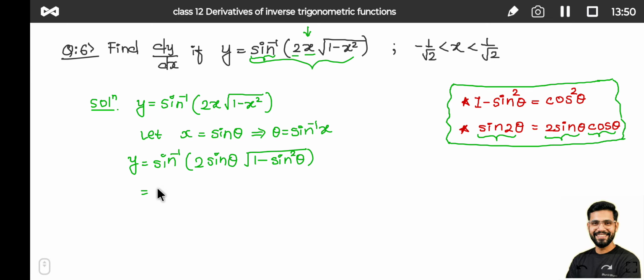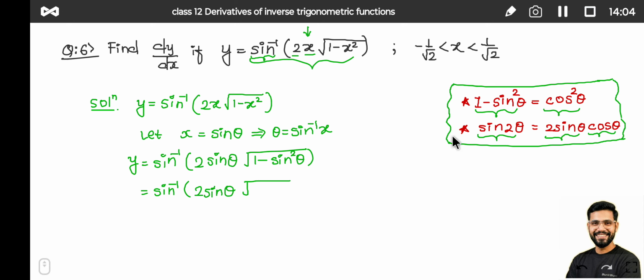So sin inverse as it is, inside the bracket 2 sin theta as it is, then square root of 1 minus sin square theta. If we apply the identity, 1 minus sin square theta can be written as cos square theta. So inside the root cos square theta will come.